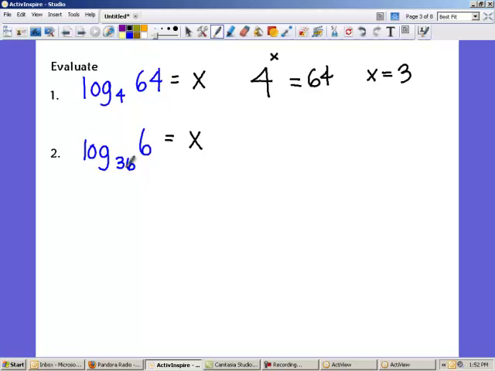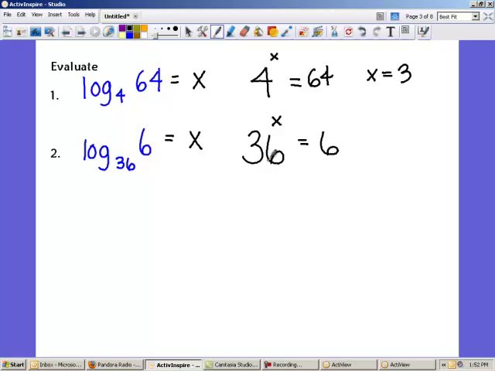The next one, we have a base of 36. So we're going to take that, raise it to an x, and this time it's equal to 6. Notice how we have a bigger number going to a smaller number. So we're not going to be raising this 36 to an exponent that is a whole number. Instead, it's probably going to be a fraction, which is really known as a root.